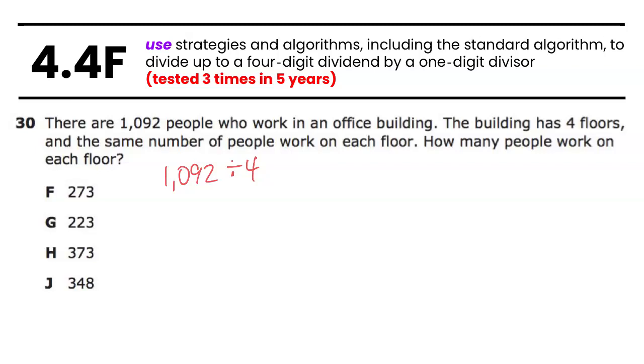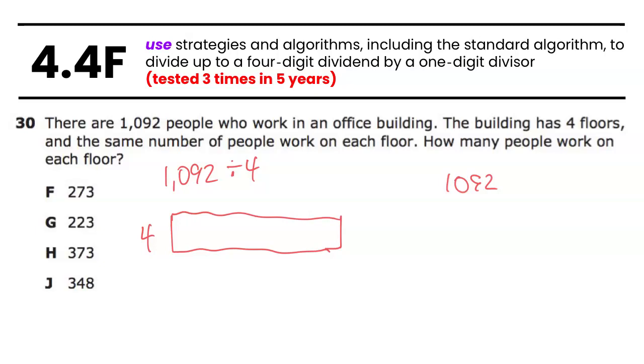Using the area model, we know that we'll have our factor 4 here on the left, and we want to try and figure out how we can multiply in order to get up to 1,092. As we were saying in the previous problem, hopefully students will get more aggressive as they get more comfortable with this area model.